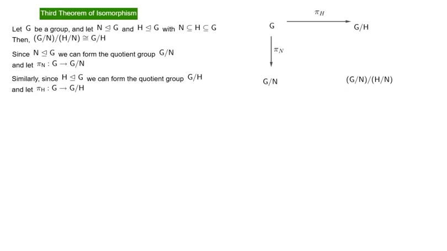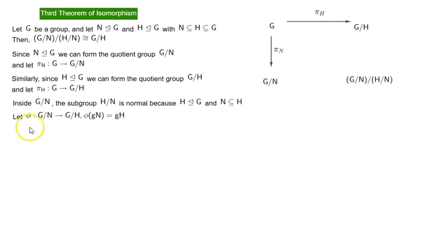So again, let's bring that into the diagram. Inside G/N, the subgroup H/N is normal because H is a normal subgroup of G and N is a subset of H.